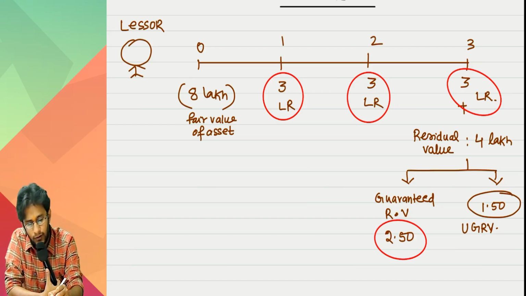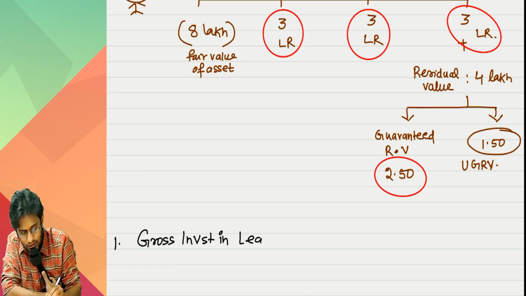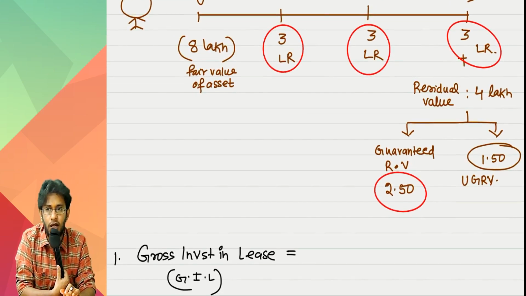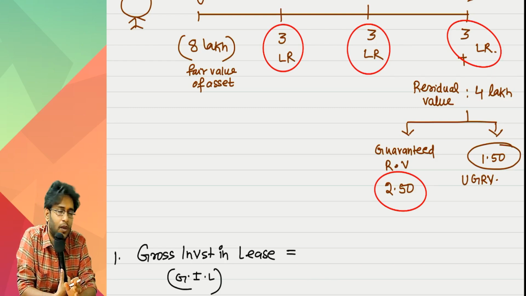Now, you have to learn 3 definitions, sir. Very, very important. First one is GIL. GIL is gross investment in lease. So GIL is nothing but every number you are seeing there, add everything.